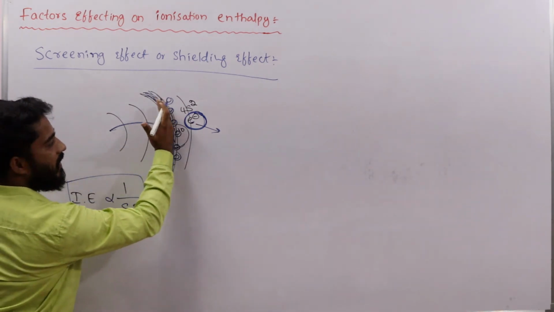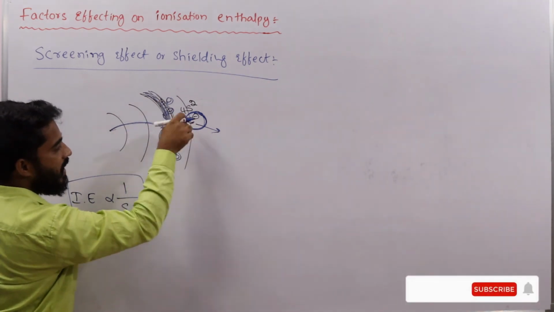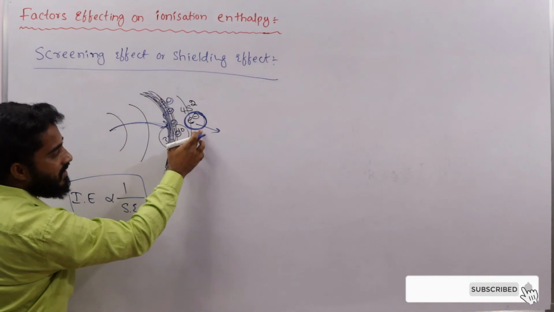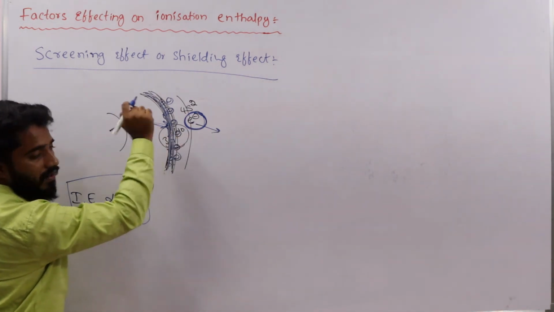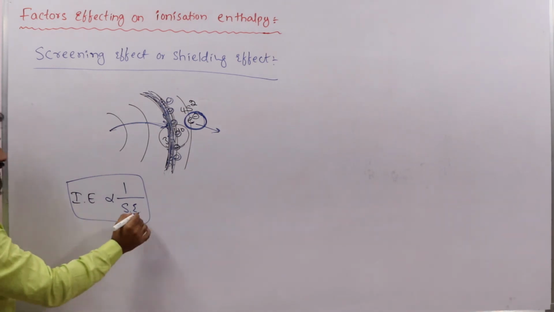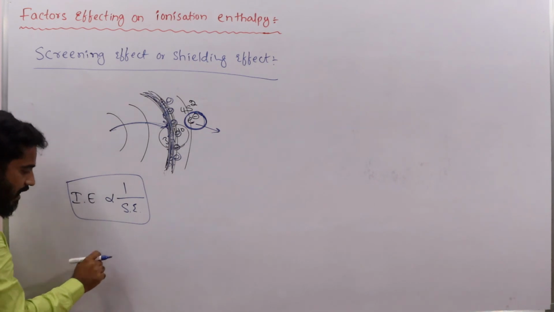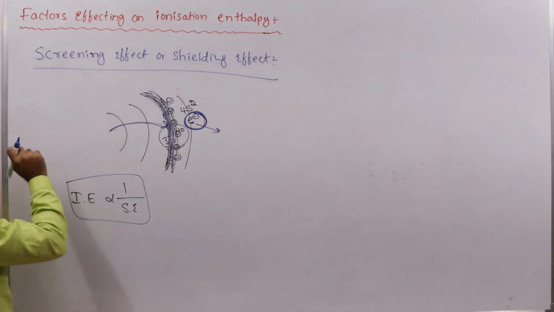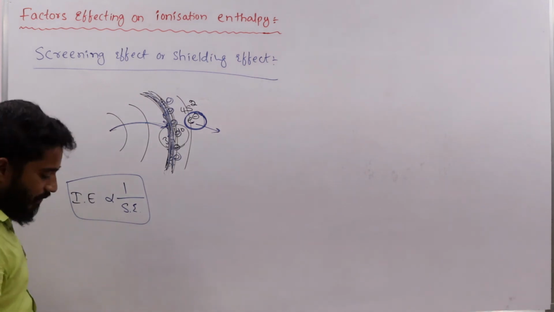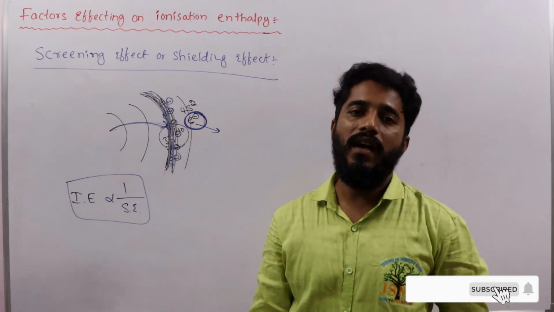As the screening effect increases, nuclear attractions on the outermost electron decrease, so less energy is required to remove that electron. Remember, as screening effect increases, ionization enthalpy decreases. As screening effect decreases, ionization enthalpy increases. These are the factors affecting ionization enthalpy.